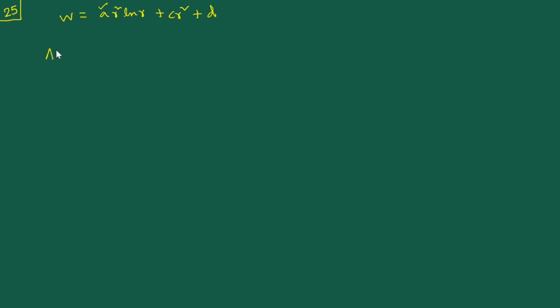So I need to just use that at r equal to R, W is equal to 0. So that should give me A R square ln R plus C R square plus D is equal to 0.